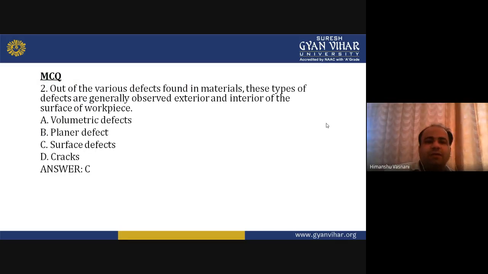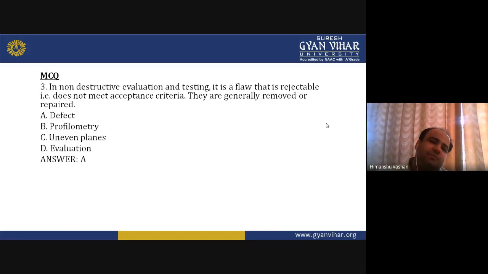Then, out of the various defects found in the material, these types of defects are generally observed on the exterior and interior of the surface of the workpiece. Now, what does this mean? I told you in the starting of the slides that if you find something on the surface, on the exterior and interior of the workpiece, then these are called surface defects.